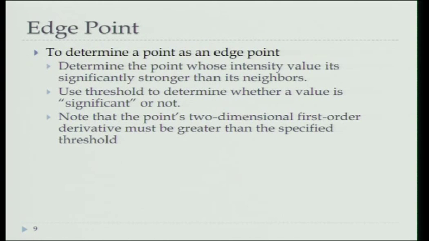Now, how to get an edge point? Obviously, you will be looking for a point in the image which has a higher intensity value compared to the neighboring ones. That is the best criterion, right? I will tell that this is an edge point provided it has an intensity value which is higher than the neighboring pixels. Now, once you determine that it is higher than the neighboring pixels, you need to know how significant it is, right?